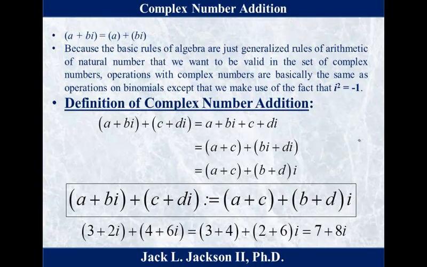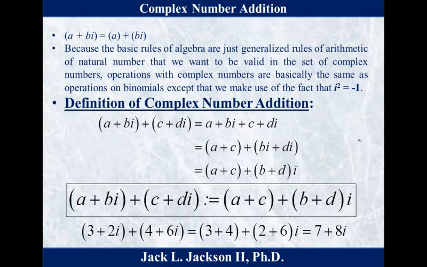So a plus bi plus c plus di, we can think of those as 4 separate pieces: a plus bi plus c plus di. We want addition to be both commutative and associative, so we can reorder and regroup at will since it's all addition. So we group the real parts, the a plus c, together, and then the bi and the di, we put those together.